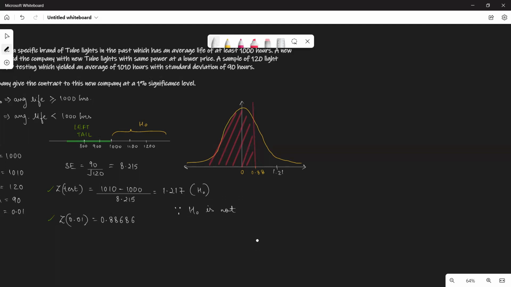It is not lying in the rejection region, so we cannot reject the null hypothesis.